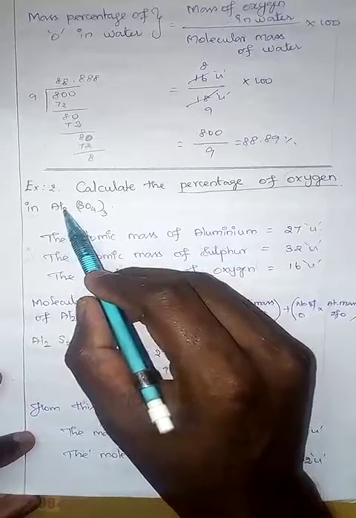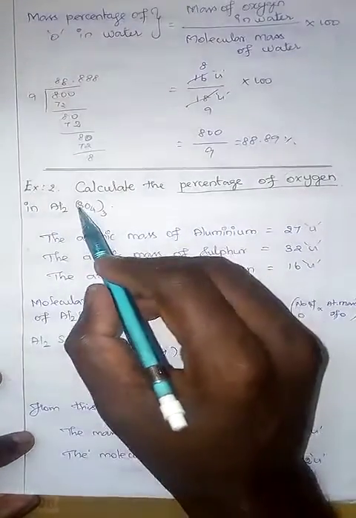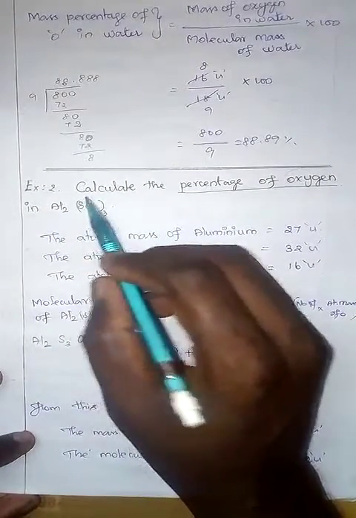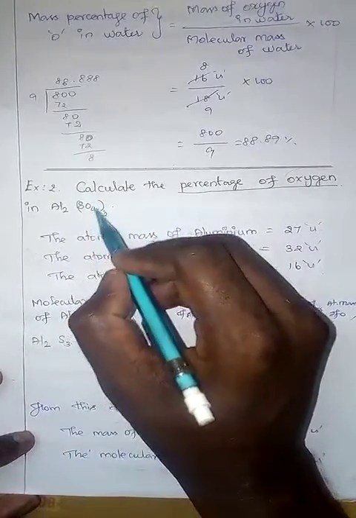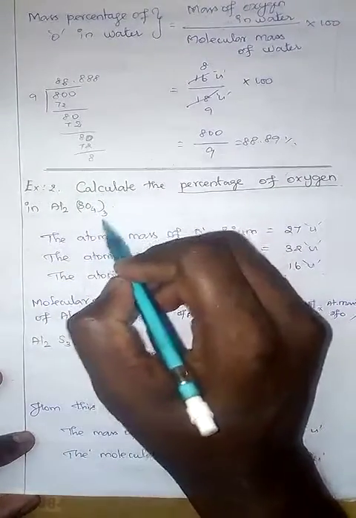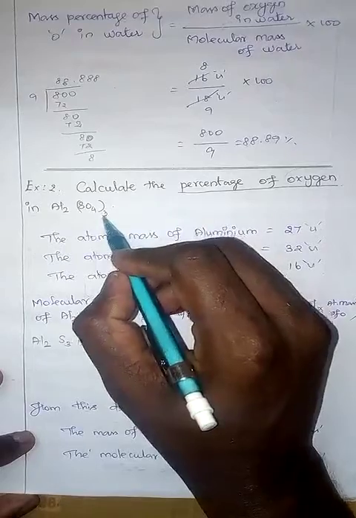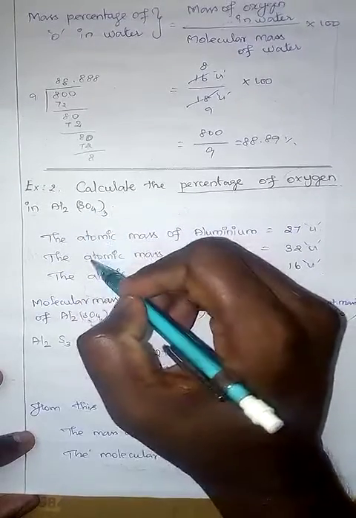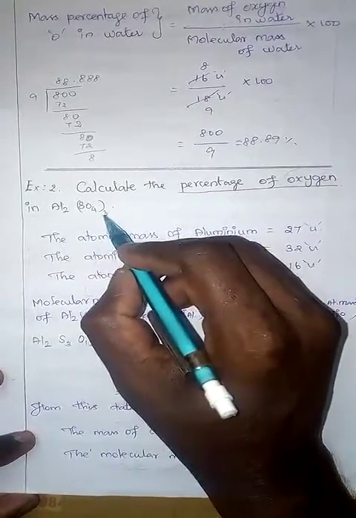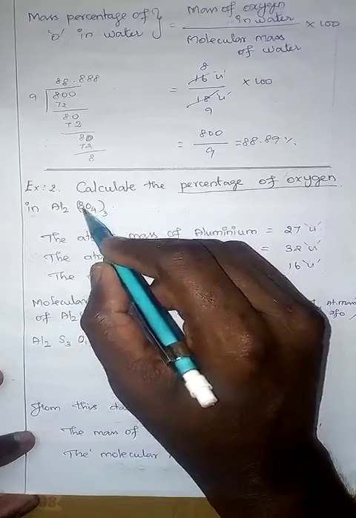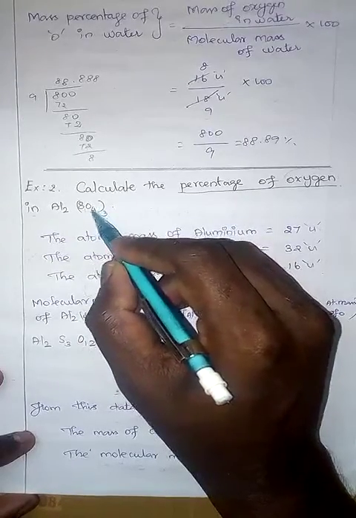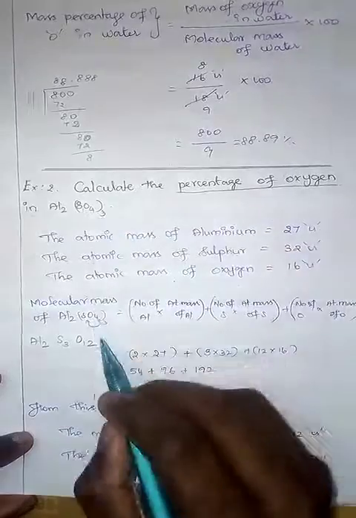Here there are 2 aluminium atoms, whereas the sulfate ion SO4 is raised to the whole thrice. So this 3 is common to sulfur as well as oxygen. This 3 should be multiplied with the number of sulfur and the number of oxygen. That's what I have done here.